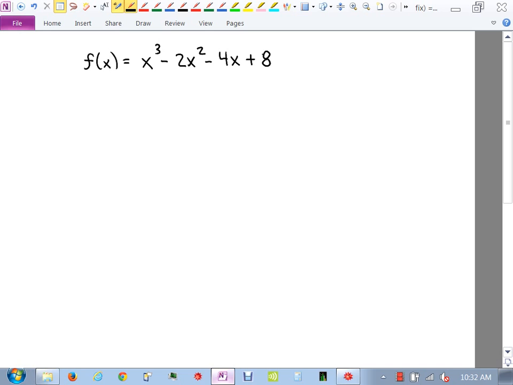It's cubed, so it's third degree. Leading coefficient's 1 again, so this has the same exact left and right hand behavior. I'll write that down. Degree is 3. Leading coefficient is 1, which means my left side goes down, my right side goes up, in the middle I don't know.